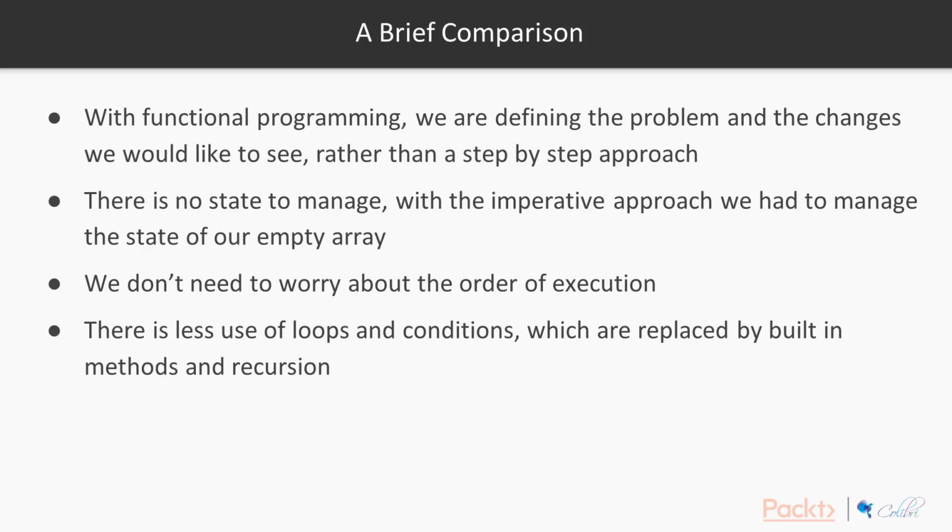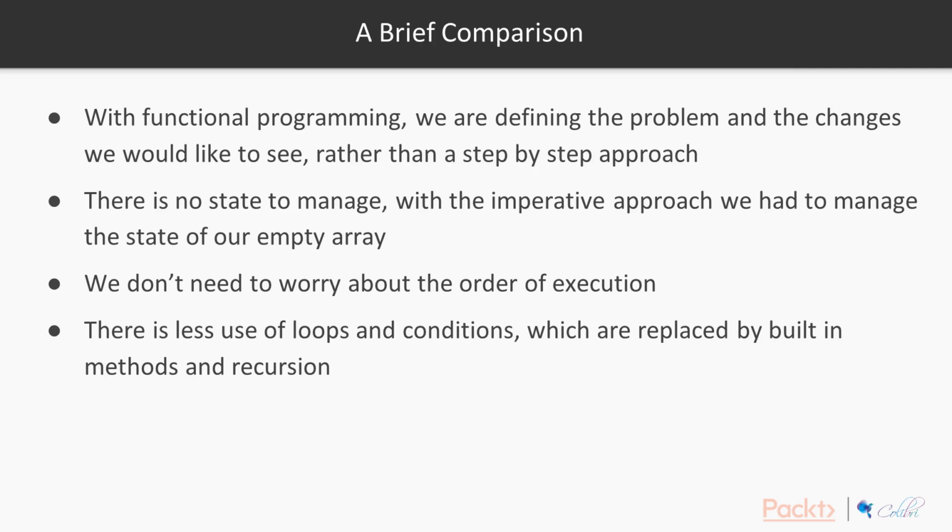So a little comparison. With functional programming, we're defining the problem and the changes we'd like to see rather than an explicit imperative step-by-step approach. Now there's no state to manage, there's no array of even numbers that we have to mutate, no state at all. With the imperative approach, remember, we had to manage the state of our empty array.